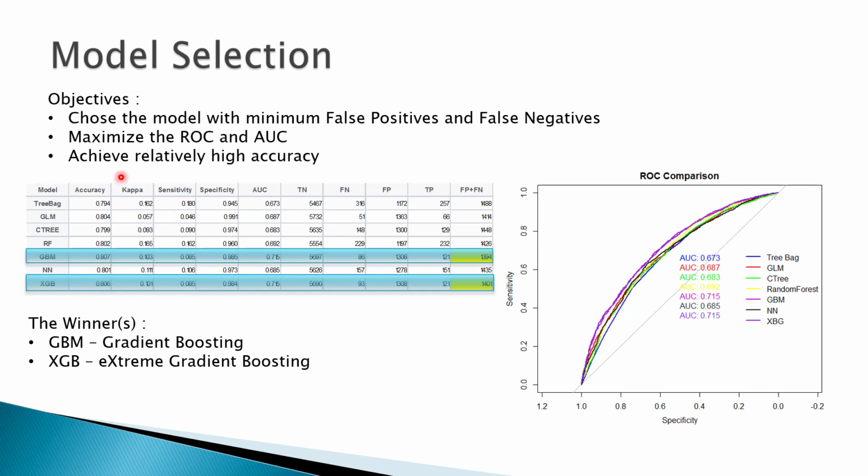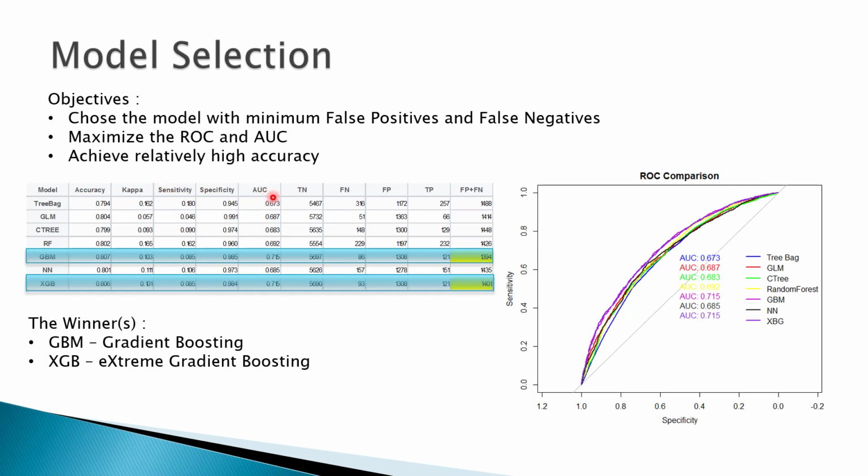shows 7 models, and the first column shows the accuracy, and I also take kappa value, sensitivity and specificity into account when selecting the best model.